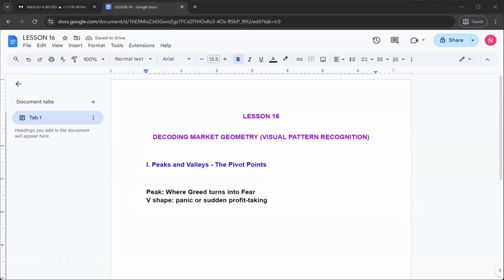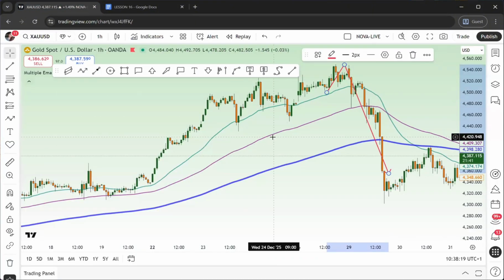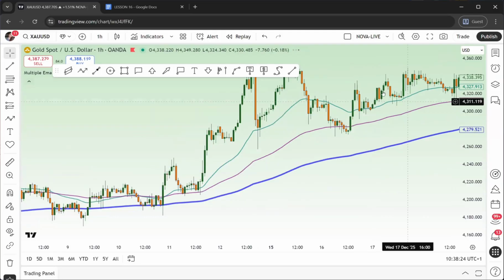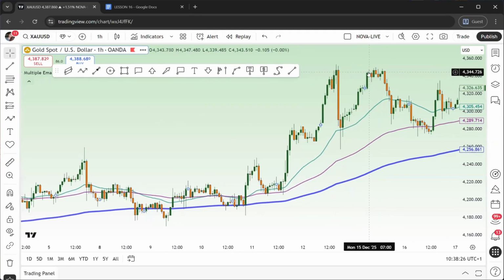U shape, gradual process. So when we trade gold, especially this time, this is the V shape, right?